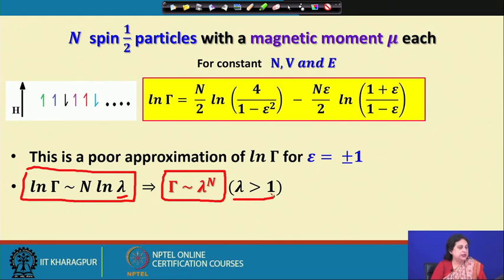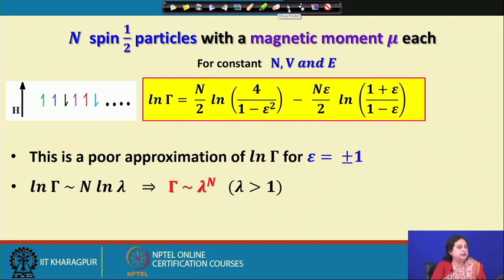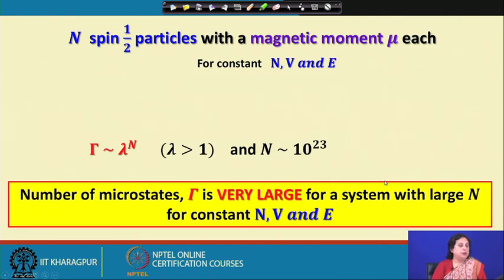Now, just because lambda is greater than 1, it brings us to a very, very important conclusion, and the conclusion is that the number of microstates gamma is very, very large for a system if a very large number of particles is present in the system and a constant value of energy is available to it.